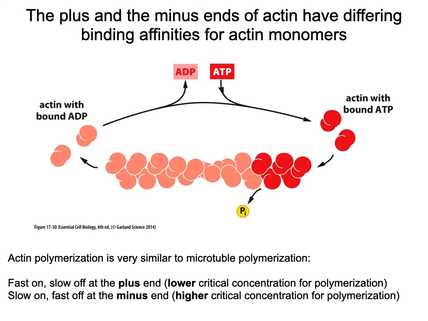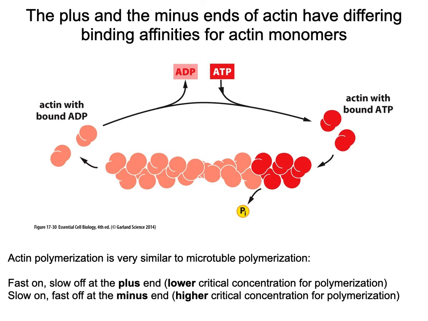And so on the plus end, we're going to have a faster on rate and a slow off rate. And so that ends up having growth in that direction, where on the minus end, it's going to have a slower on rate.